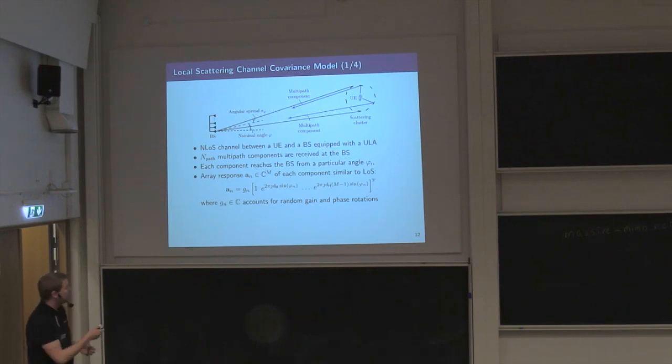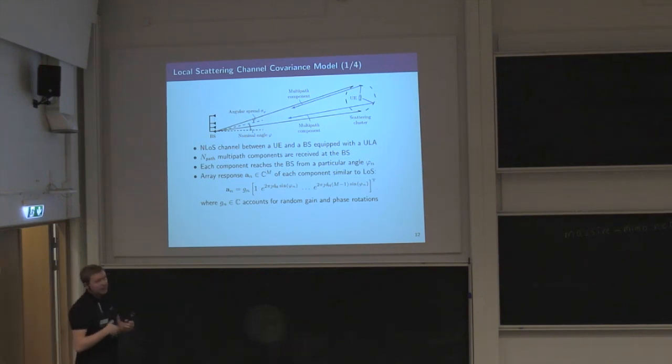There are some standard expressions for that. This is what you get from a uniform linear array, but for other types of array structure, you can get other things here. The important thing is that you get e to the power of 2j times something times d_H, which says what the distance between the different antennas is, and then something sinusoidal, for example, of the angle from which the signal is coming in.